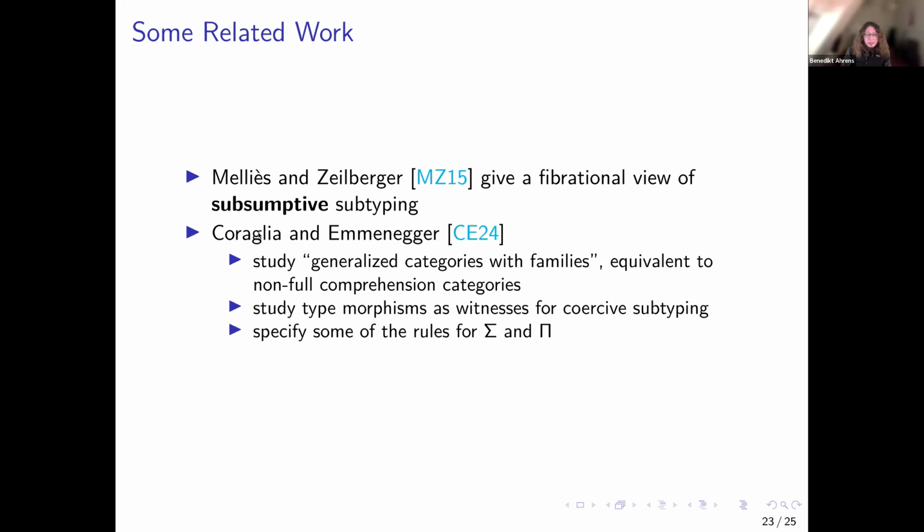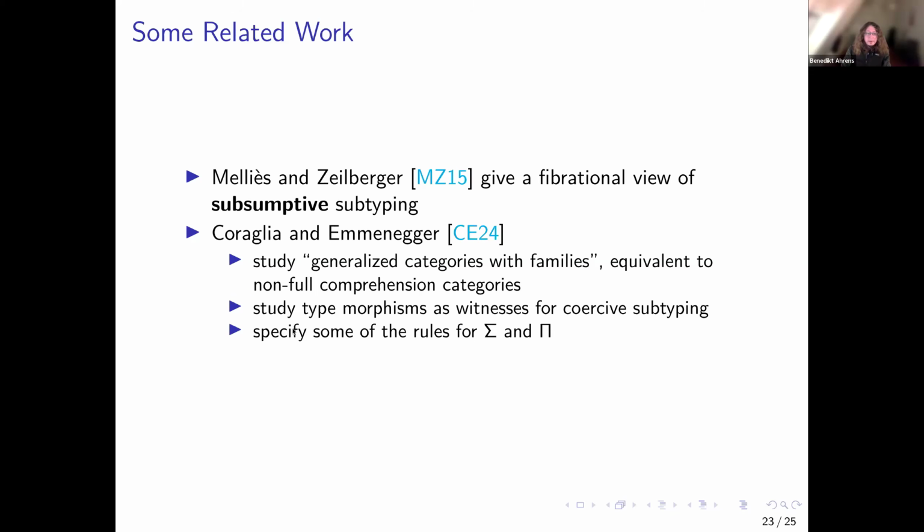I have mentioned a paper by Coraglia and Emmenegger, where they study generalized categories with families, which are equivalent to non-full comprehension categories. They study type morphisms as witnesses for coercive subtyping. So the idea of interpreting these type morphisms via subtyping, I think that is from Coraglia and Emmenegger's paper.